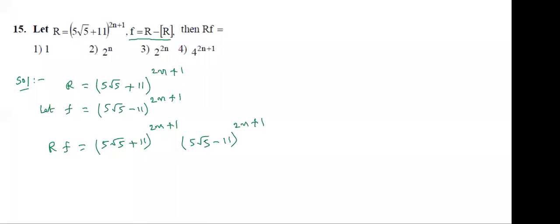Here powers are equal, so bases multiply. 5 root 5 into 5 root 5, that is 5 root 5 whole square, 125, minus 11 square, 121, whole power 2n plus 1. So finally, the answer is 4 power 2n plus 1. Which option is correct, students? Fourth option. Now for self-working.